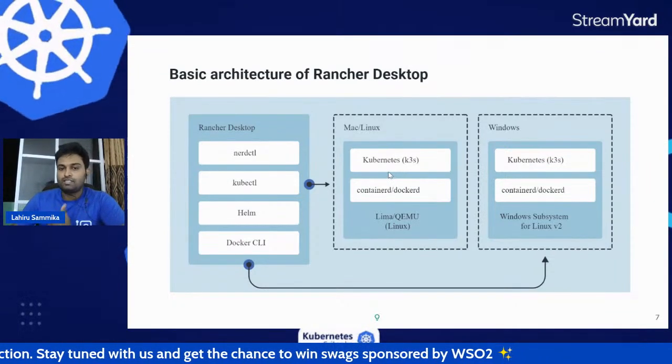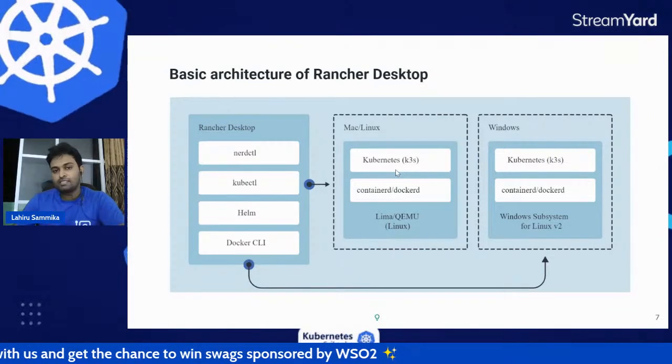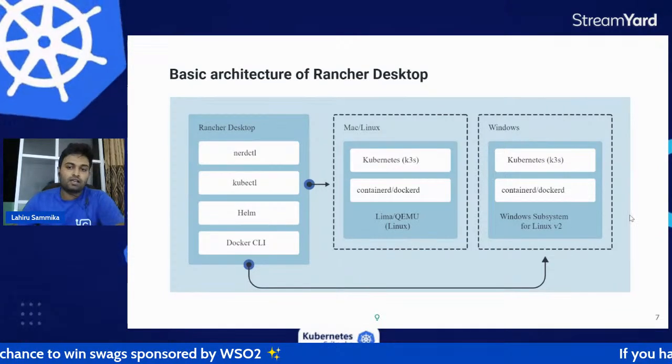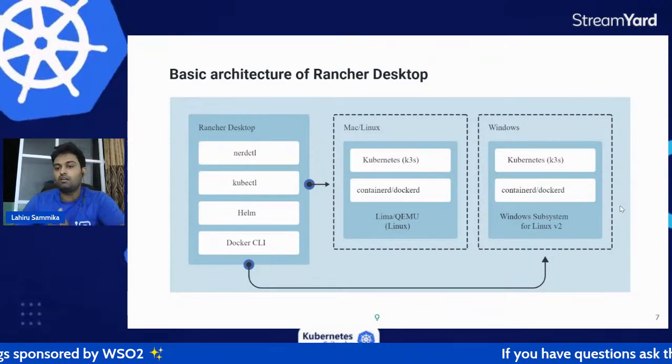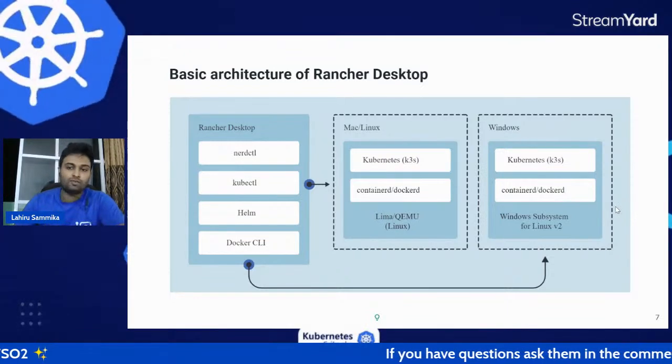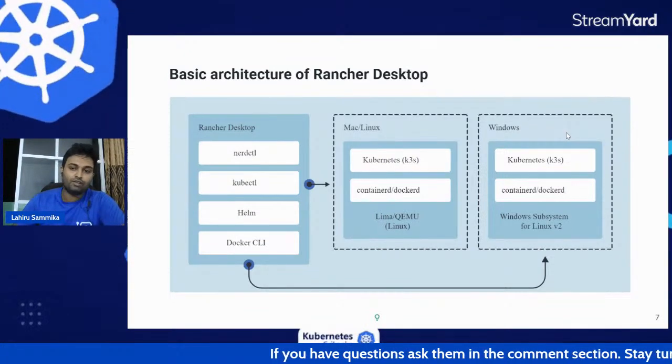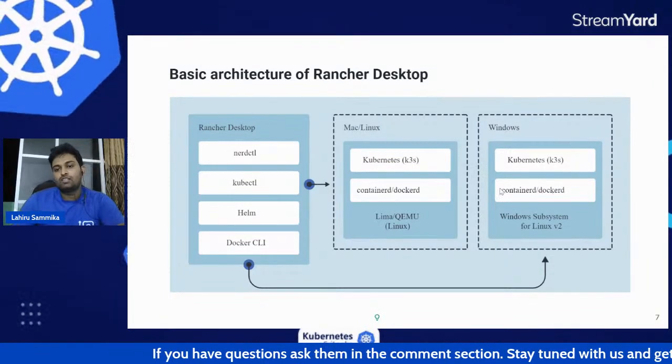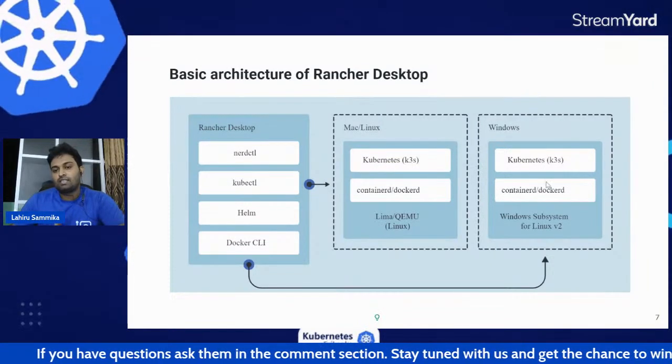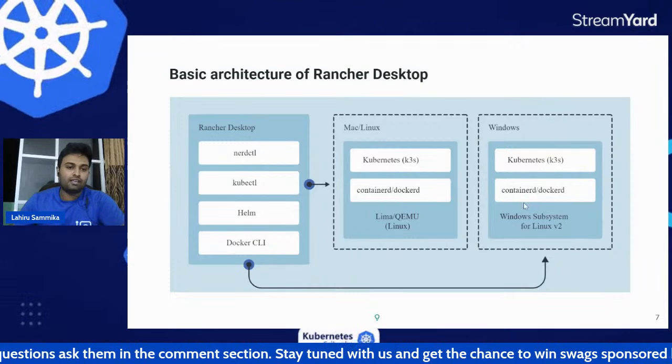It's a lightweight Kubernetes distribution when comparing with K8s. When it comes to Windows, it installs Containerd and other Kubernetes components on top of the Windows Subsystem for Linux. On top of that, you can see Containerd, Dockerd, and Kubernetes running.